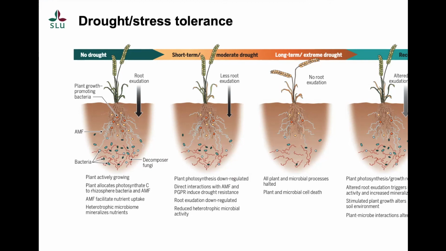It's going to slow down its sugar flow into the roots, because the overall metabolism is going to slow down, try to conserve as much water and energy as it can, shut down the stomata, and then you wind up with a different interaction with the microorganisms. And eventually, if you really have extreme drought, everything just dies.